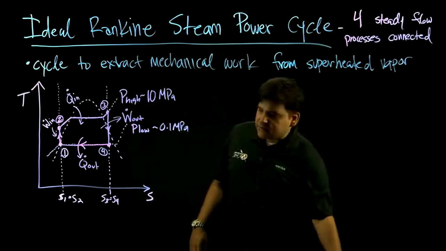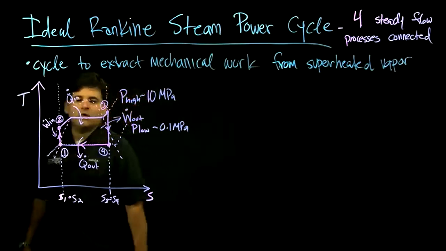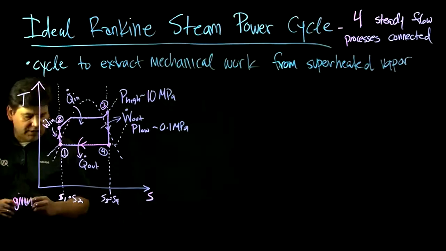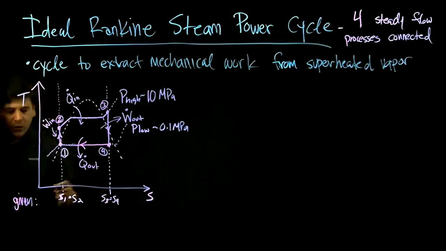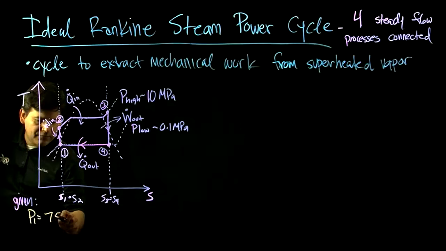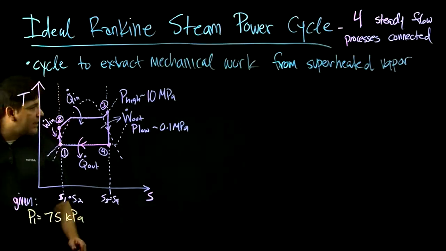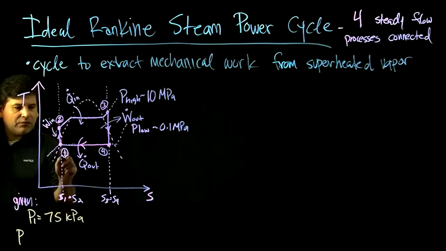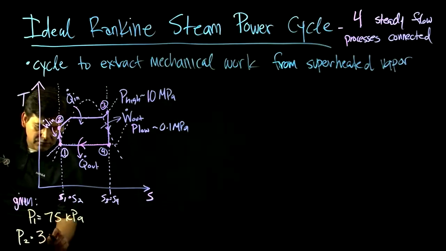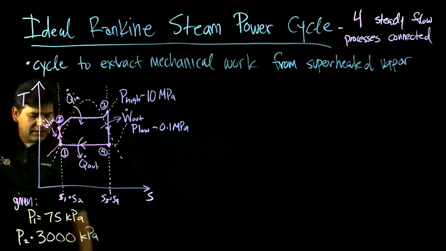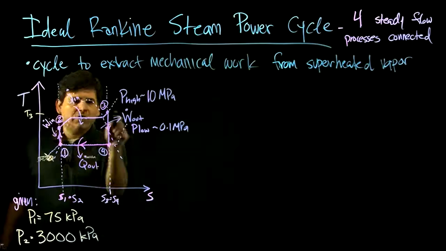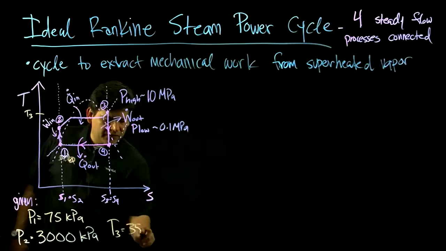Okay, so let's look at this. Let's say for a particular Rankine cycle process, we are given that P2, the low pressure branch, is 75 kilopascals, and the high pressure branch, going from P1 and then up to P2, is 3,000 kPa, and T3 equals 350 Celsius.